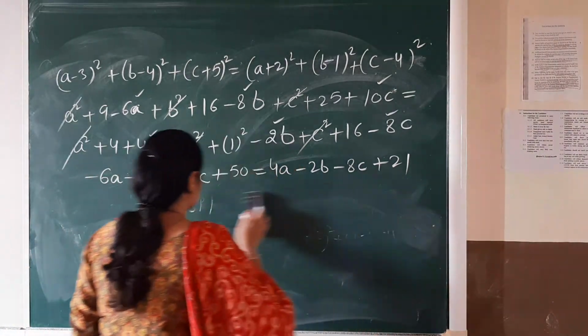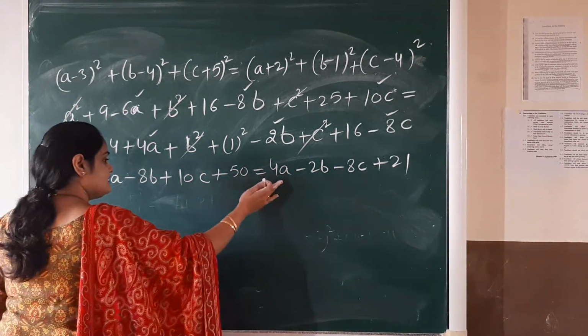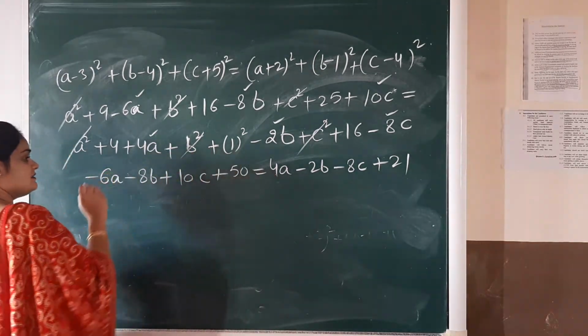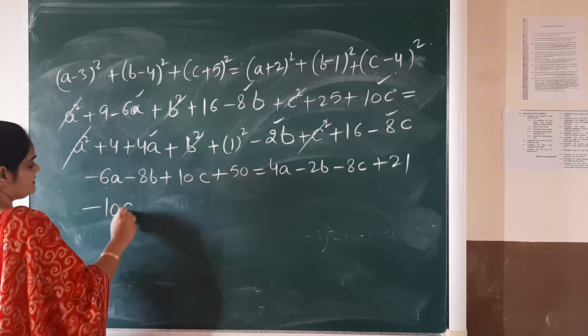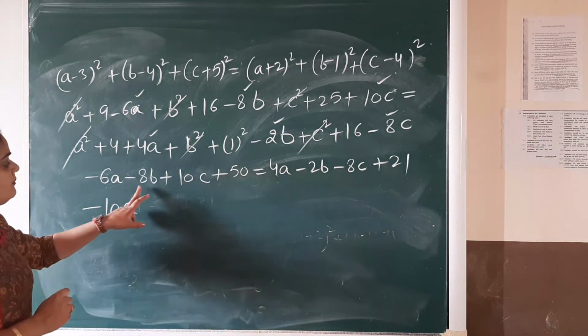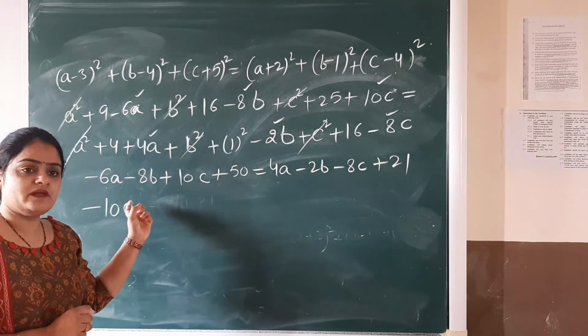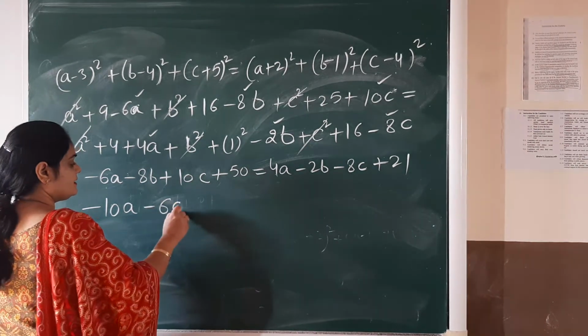We wanted to find an equation. So what we are doing is taking everything to one side. When this 4a comes to this side, it becomes minus 4a. So minus 6a minus 4a becomes minus 10a. Then minus 8b, and this minus 2b when it comes to this side becomes plus 2b. So minus 8b plus 2b is minus 6b.